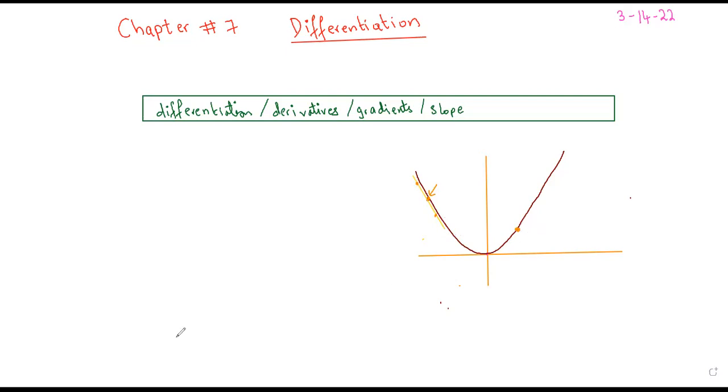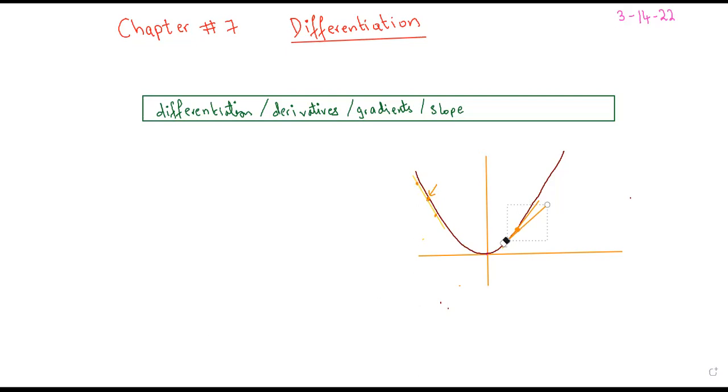It could be that your tangent lines are not that appropriate. Some students are making it this way, some this way, because obviously we are doing it with our hands. So we could make a wrong line. This method is not that good, so that is why we use differentiation.